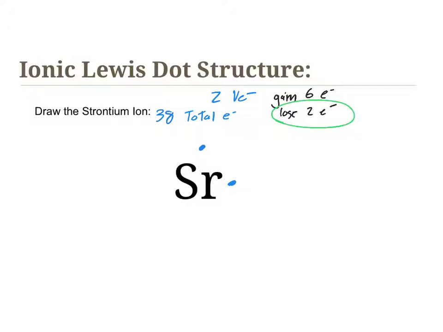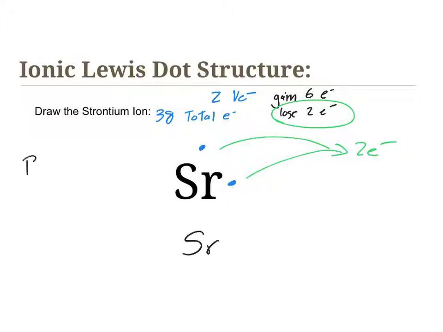So what strontium is going to do is lose 2 electrons, and when it loses 2 electrons, we're going to write it like this. So can we start writing? And now, here's the deal.